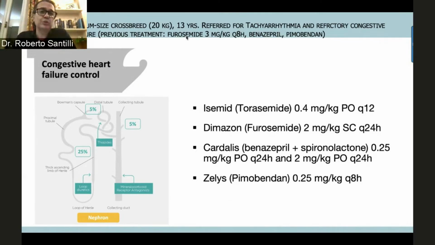What we also do when the congestion is not controlled, just like in this case, is add furosemide subcutaneously if torsemide alone is not enough. Then we really want to add spironolactone, so you can use this combination, and we want to use spironolactone because we suspect a braking effect. How can you diagnose braking effect in this patient before using spironolactone?